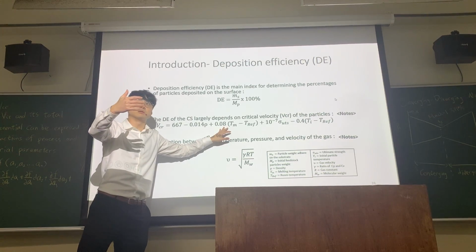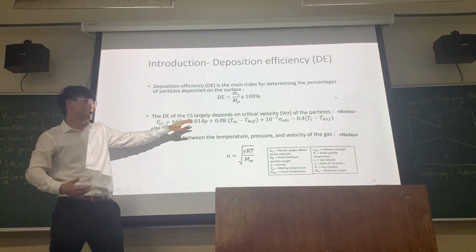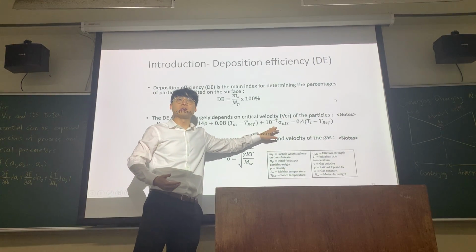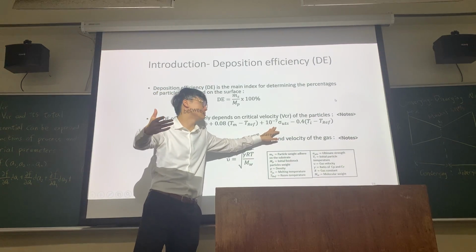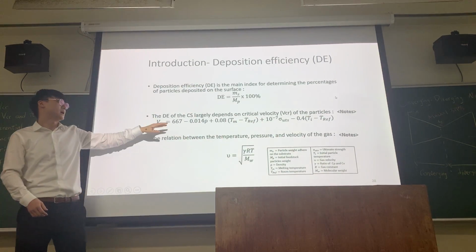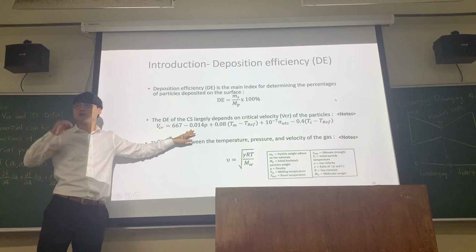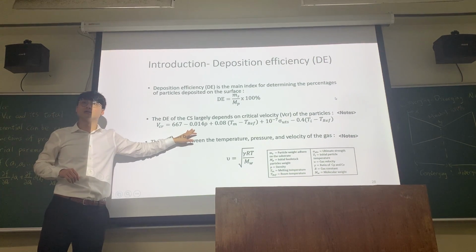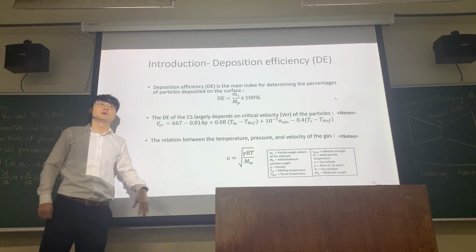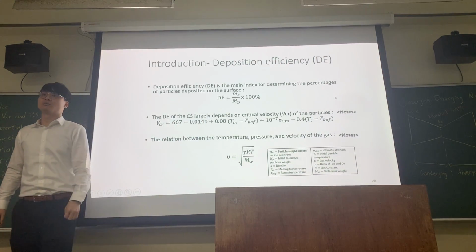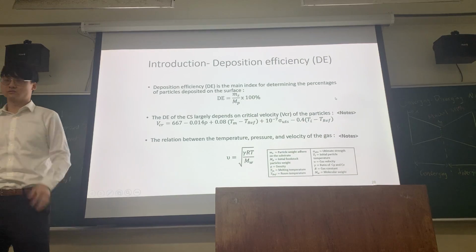That allows the particle to attach. And if it has a higher ultimate tensile strength, it requires more effort for particle attachment, right? Now, if it has a lighter density, it requires less effort for particle attachment to the substrate, right? So this gives you an idea of what this equation is describing with some of the physical meanings.